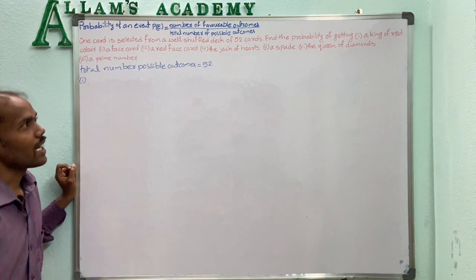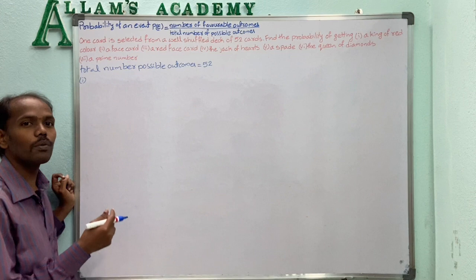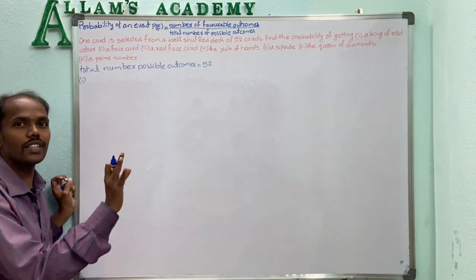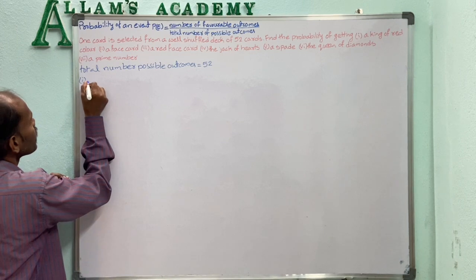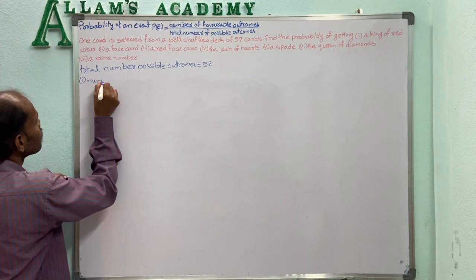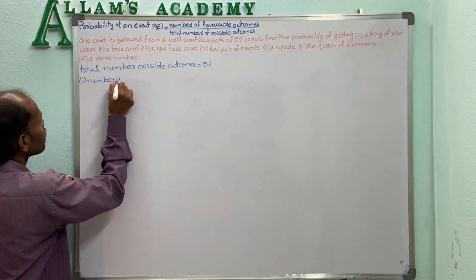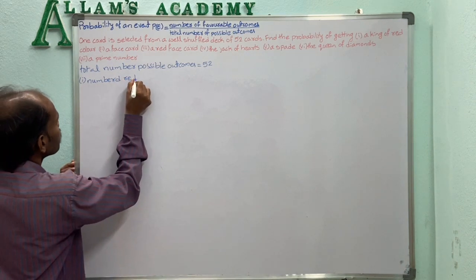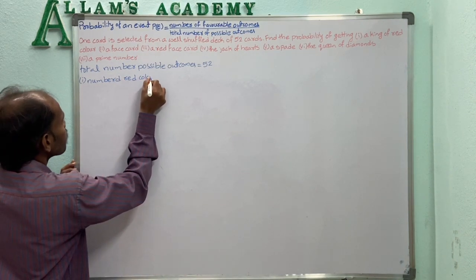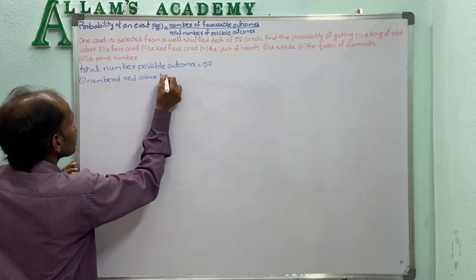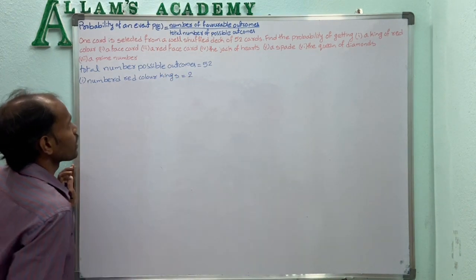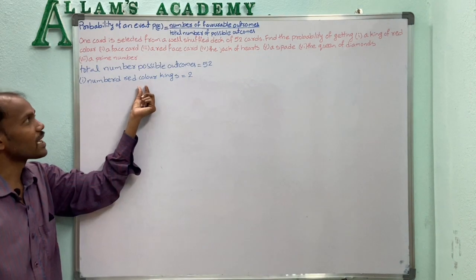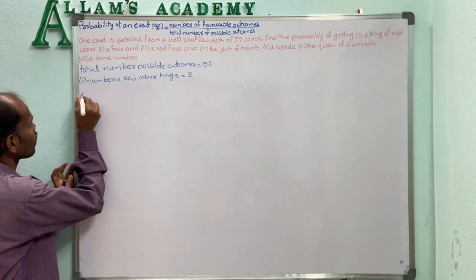Now to answer the first question: a king of red color. Total kings are 4, and of those, 2 are red. So the number of red kings is 2, which is the number of favorable outcomes.